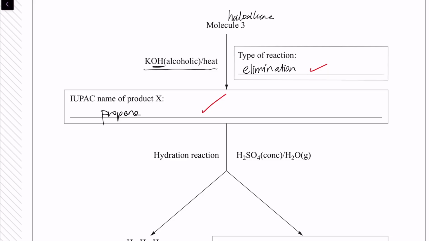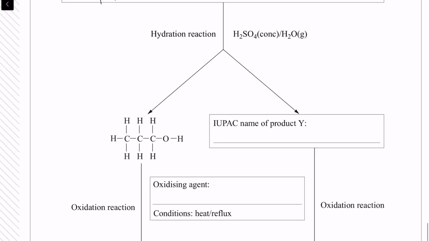And then if you look at the alkene, we've hydrated it. So a hydration reaction, with H2SO4, H2O, it forms, what is this? This is an alcohol, because we know from the hydroxyl group OH at the end. So this would be propanol.